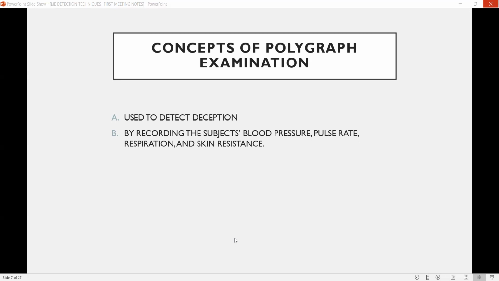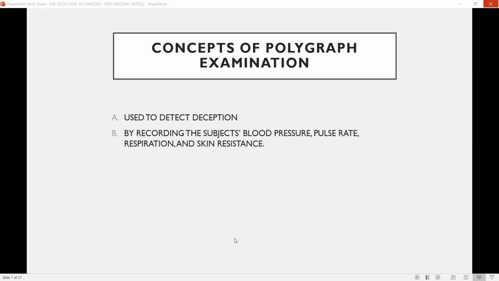And also the effectiveness of the polygraph in recording symptoms of deception is based on the theory that a conscious mental effort on the part of a normal person to deceive, causes involuntary physiological changes. Physiological meaning bodily changes that are in effect of the body's reaction to an imminent danger to its well-being.